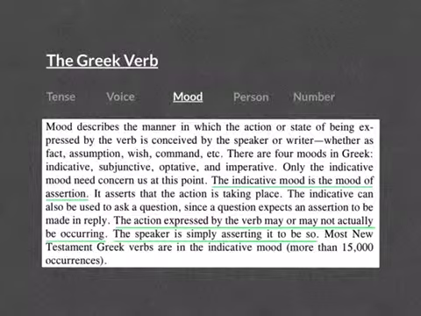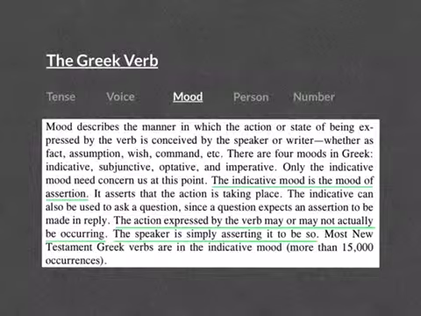Mood describes the manner in which the action or state of being expressed by the verb is conceived by the speaker or writer, whether as fact, assumption, wish, command, and so on. Even though your book says there are 4, there are actually 5.